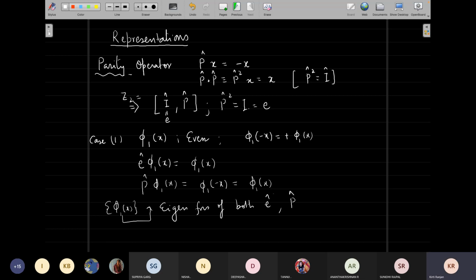So I can construct a basis consisting only of my even functions, such that the eigenvalues turn out to be both plus 1. At this point, I'm just going to write something and then describe it. So I can think about making a representation, which I will call my first representation, in which D1(E) is nothing but plus 1, the eigenvalue of E.